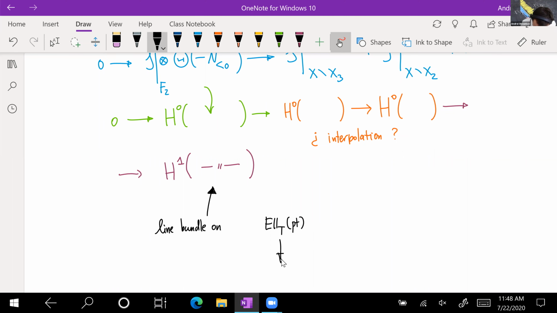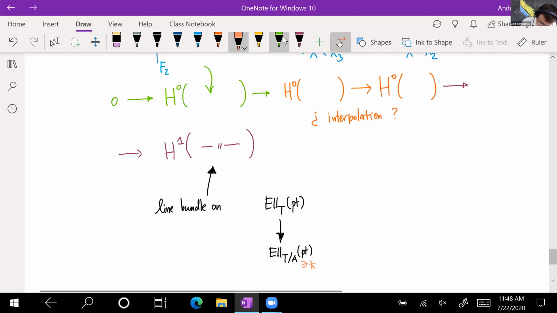This maps to elliptic cohomology of A. This is where that variable h bar lives. And the fiber is the elliptic cohomology of a point.